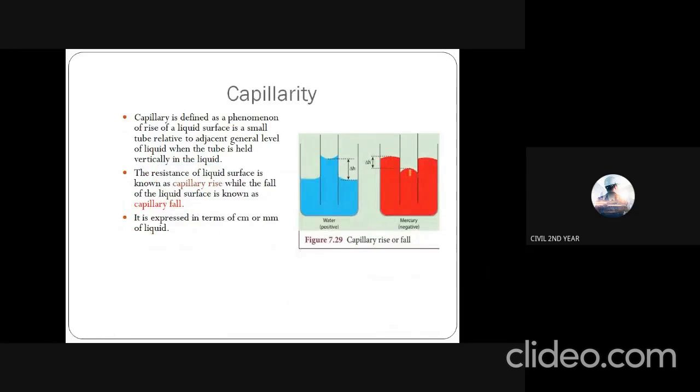For this session, we discussed what is meant by fluids, what is meant by fluid mechanics, and the classification of fluid mechanics.